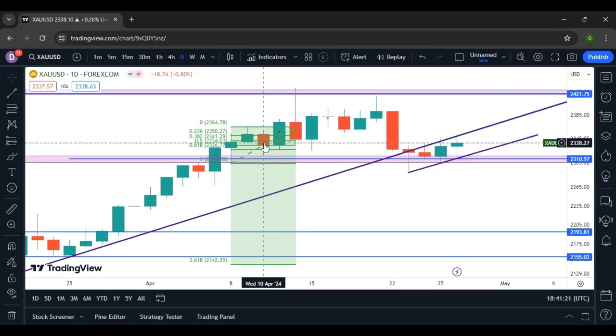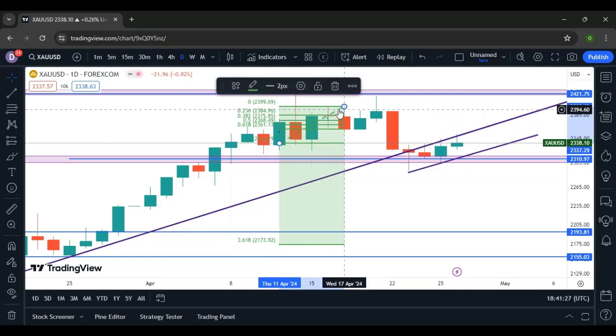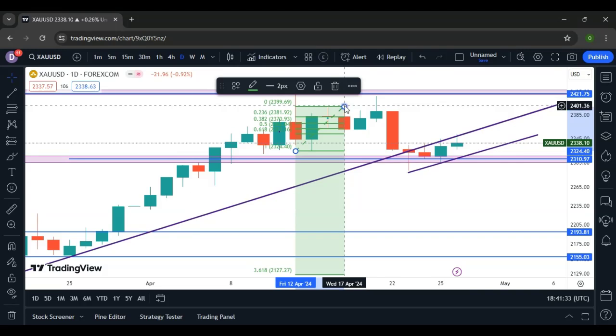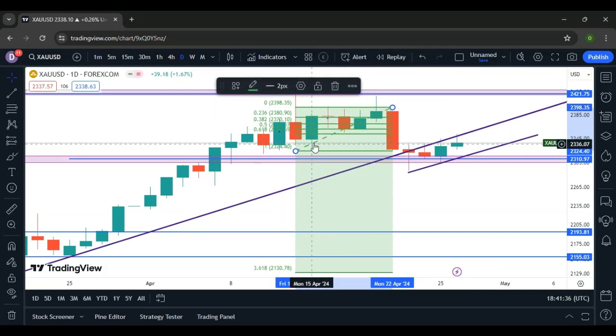If you also draw it from this place, let me draw it from here. This is a high. Let's consider this place again. This is a low. You see now, over time, I'm drawing it from this low to this high. You see the Fibonacci area.